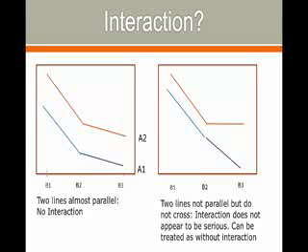Now let's look at different models for interaction. If the two lines are almost parallel, there is no interaction. If the two lines are not parallel but do not cross, interaction does not appear to be serious. We can treat the model without interaction.